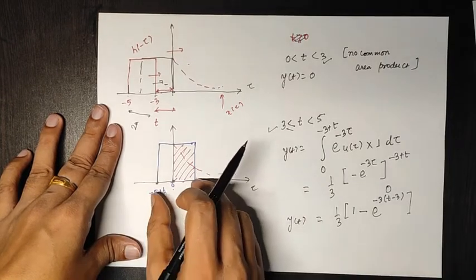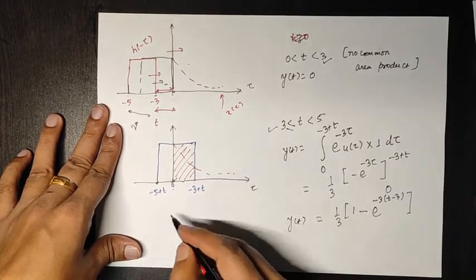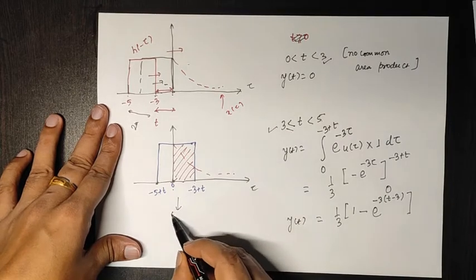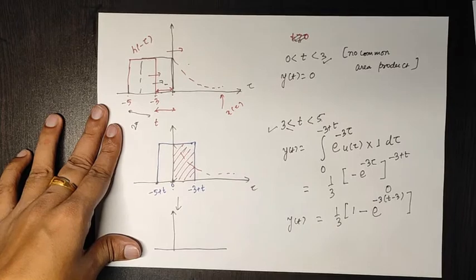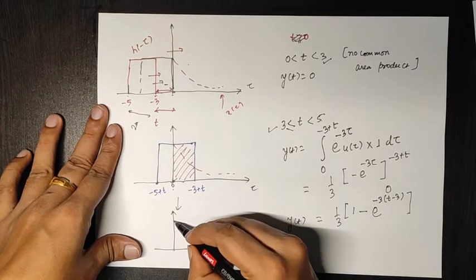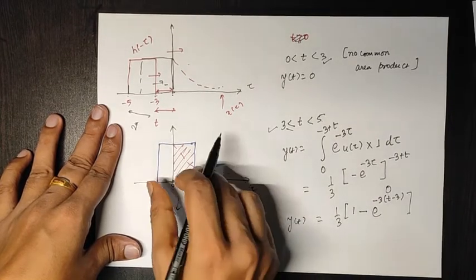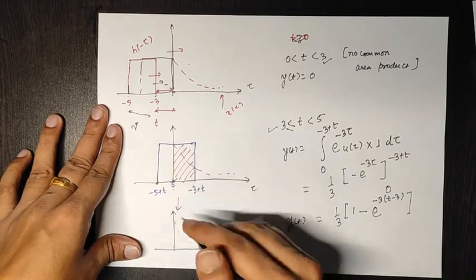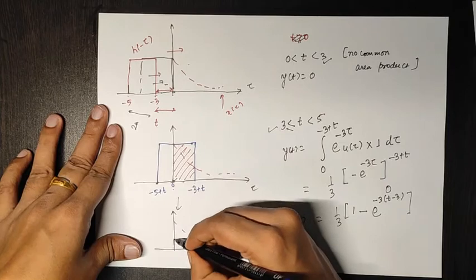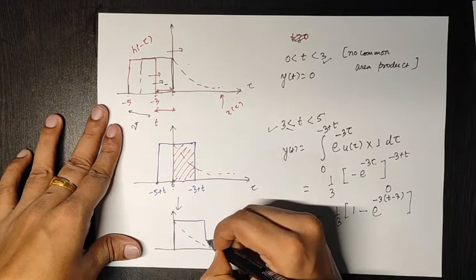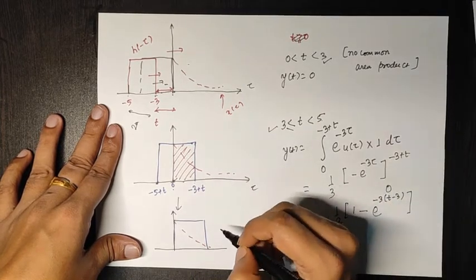Let's do the shifting furthermore. So what is the maximum shift that we can observe here? Let us shift it maximum to this point. So this is the maximum shift we observe here.